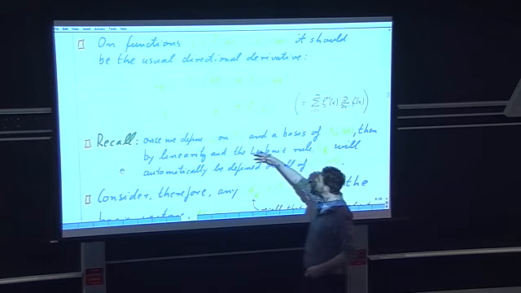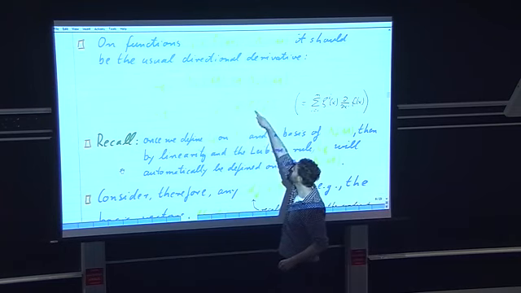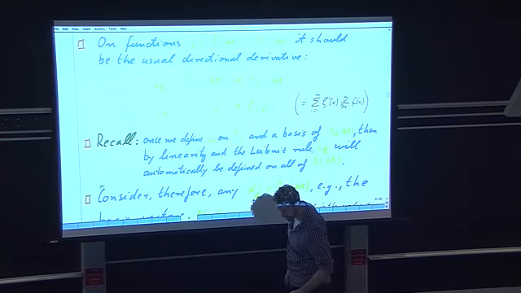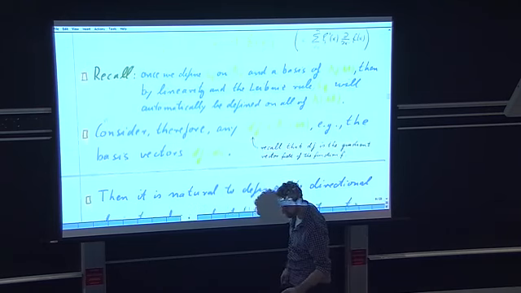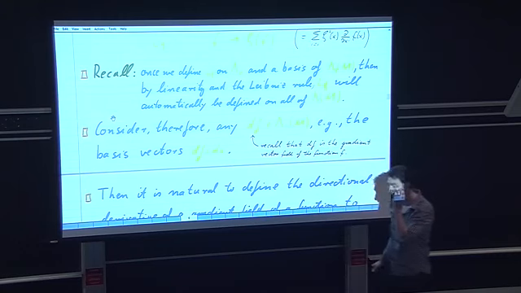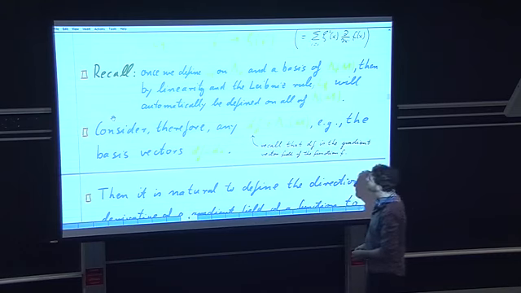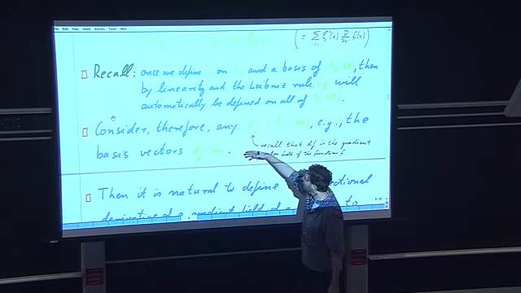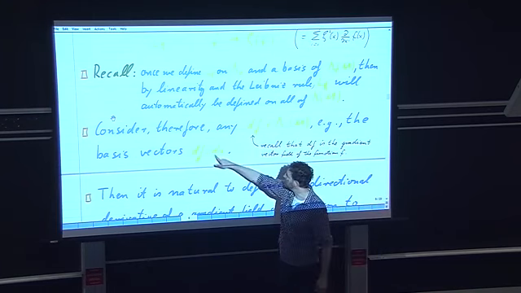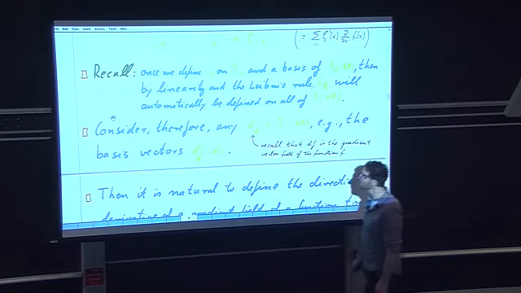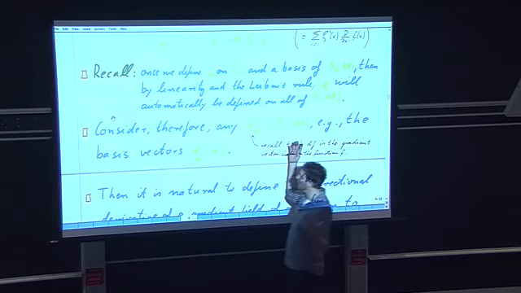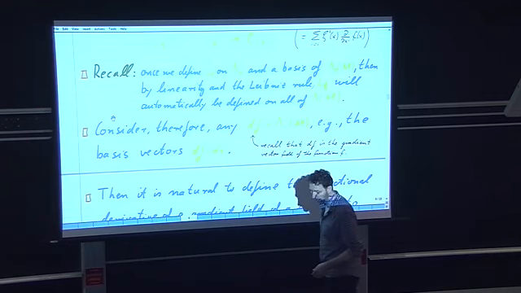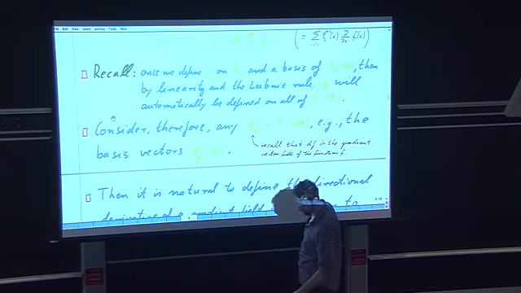Namely, the Lie derivative is supposed to map f into psi on f. Now, we simply have to define how the Lie derivative is acting on a basis of one forms, and then we are done. We've defined it completely. So in particular, we could choose to define how the Lie derivative acts on these basis vectors, d x^i, or on how it acts on a bunch of df's, where the f's are not necessarily the dx^i.